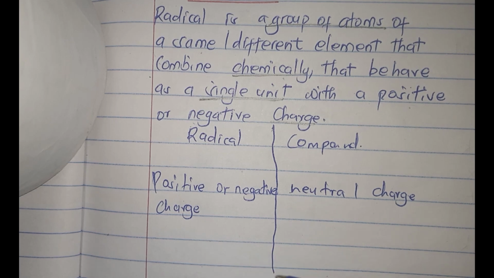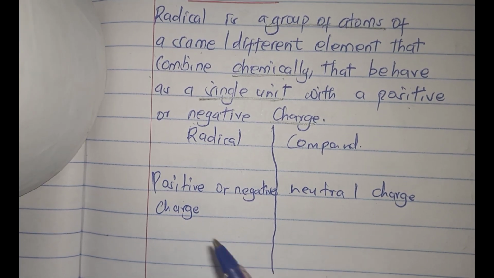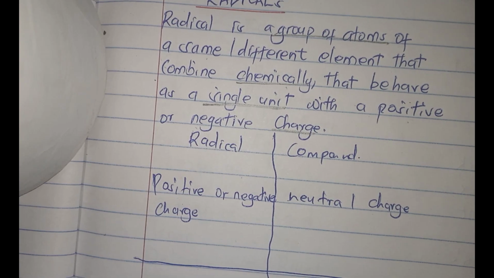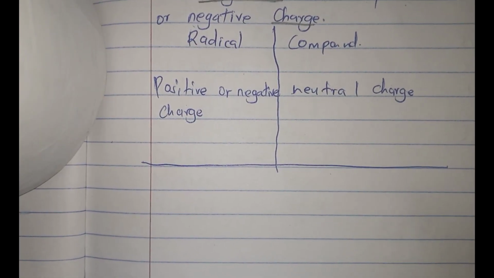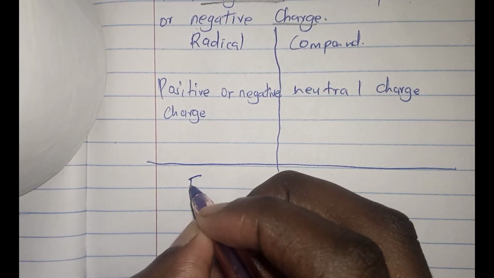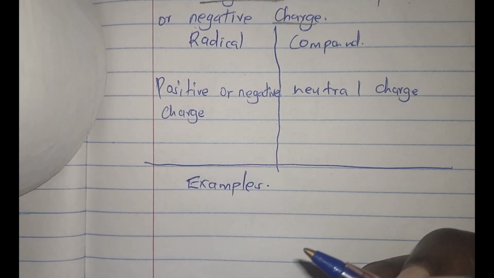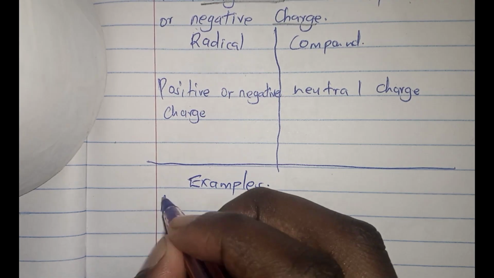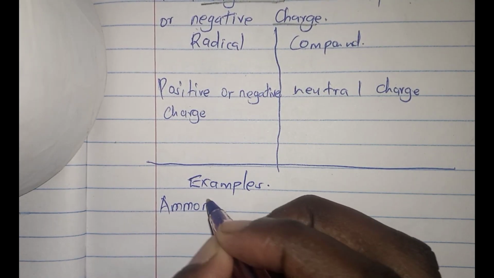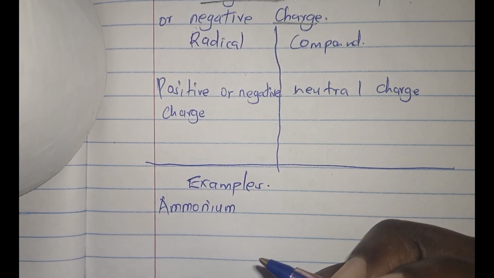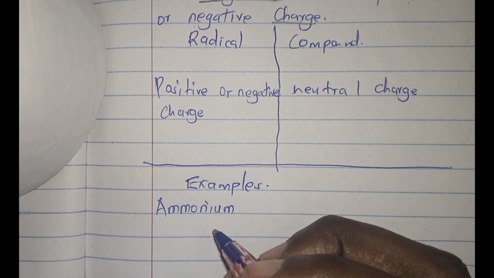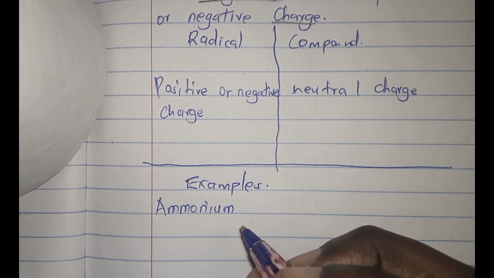So let us look at examples of radicals. We have several radicals, but let us look at some examples. I'll begin with ammonium. Ammonium is a radical. Remember, it's ammonium and not ammonia.